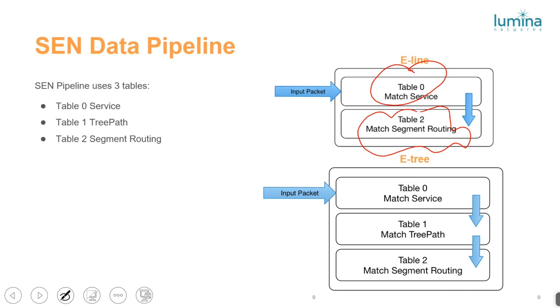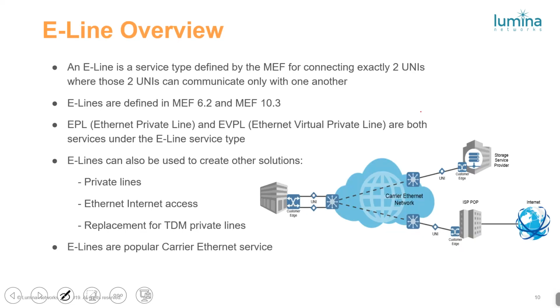As I said, E-line is a point-to-point service. Its basic use cases are to connect branch offices of organizations, like banks and corporate offices. It could also be between, let's say, data centers, so one data center might be generating data and sending it out to another data center for analytics purposes and stuff like that.